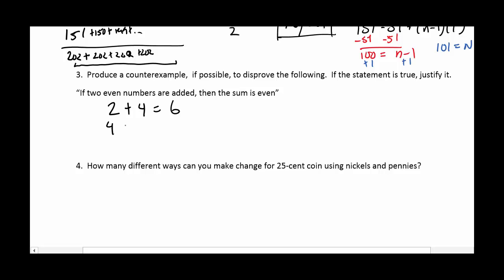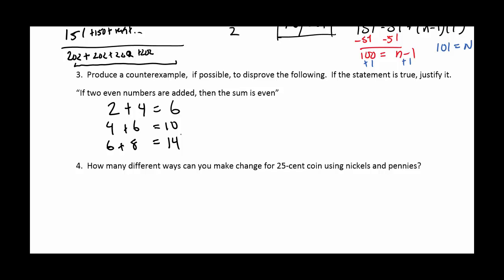Maybe we just start looking at several different examples and see what we end up noticing. So here I just got 3 examples, but notice it's the same observation every time: no matter what I do, if I add two even numbers together, I'm still going to end up with an even result.